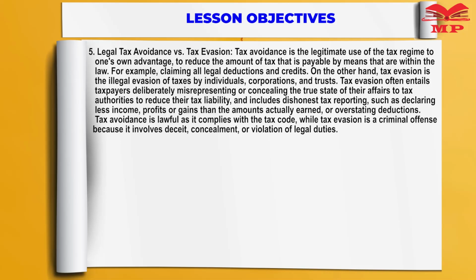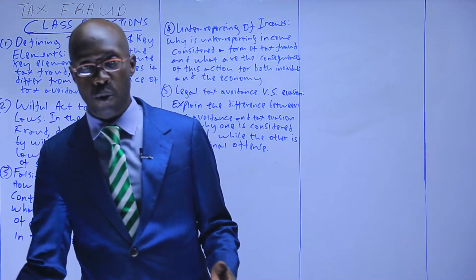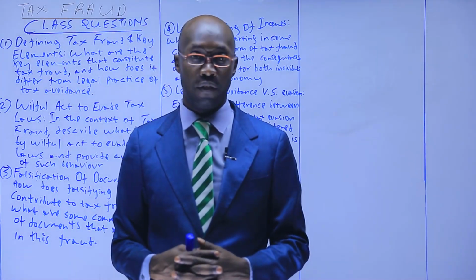Tax avoidance is lawful as it complies with the tax code, while tax evasion is a criminal offense because it involves deceit, concealment, or violation of legal duties. So that is what you are supposed to know about tax fraud.